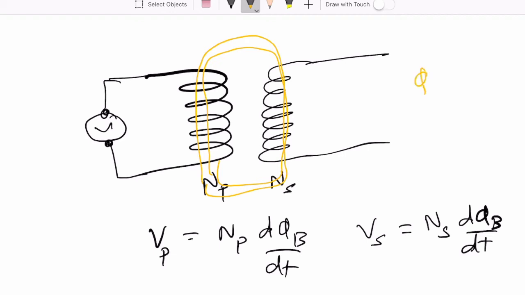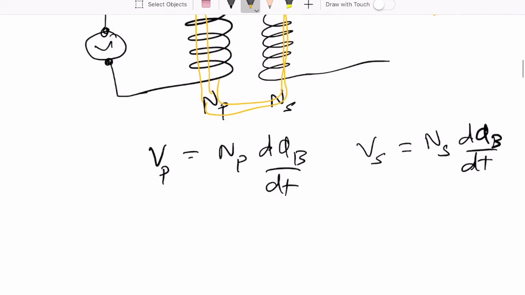So remember, flux is equal to magnetic field multiplied by area multiplied by cosine theta. So you can see the flux is going to be the same for each turn in the primary, and also for each turn in the secondary. And so d phi b dt will also be the same, right? Because they're seeing the same magnetic field lines. So d phi b dt is going to be the same for both of them.